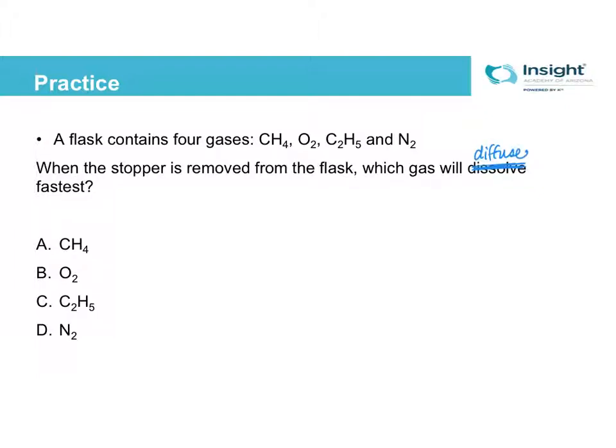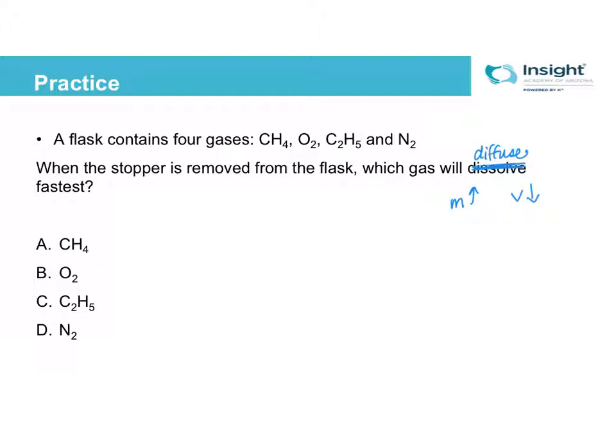Again, if you remember Graham's law, he saw that the heavier the molecular mass, so as mass goes up, velocity goes down, and the time it takes for it to move increases, so it's going slower. So if you figure out the molecular masses of these 4, the one that has the smallest mass is going to be the one that goes the fastest.